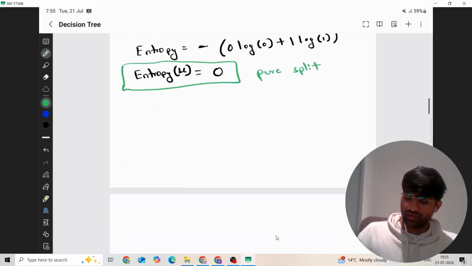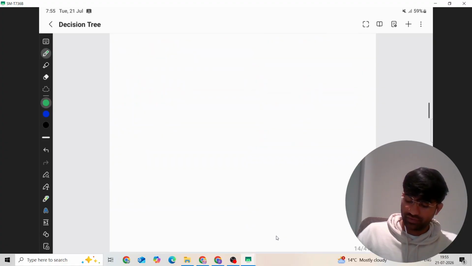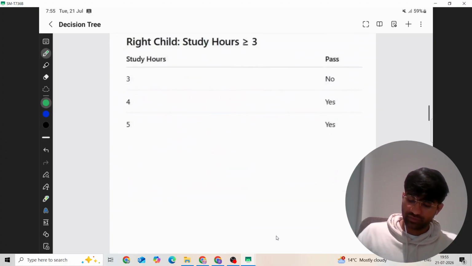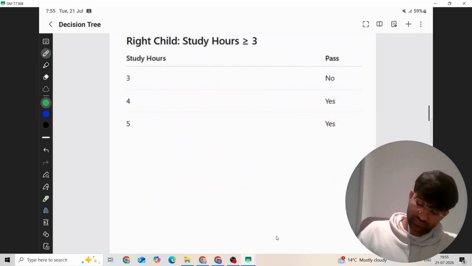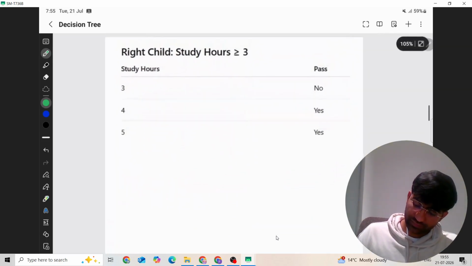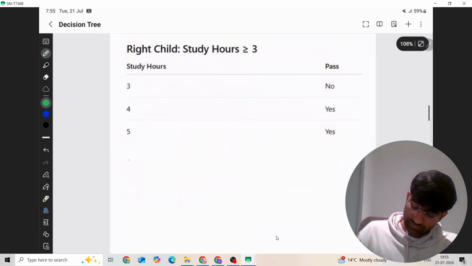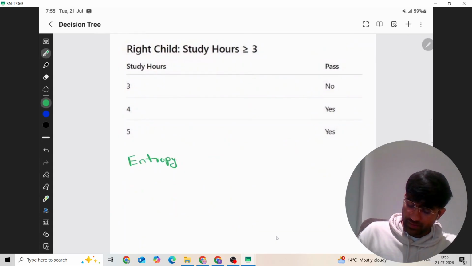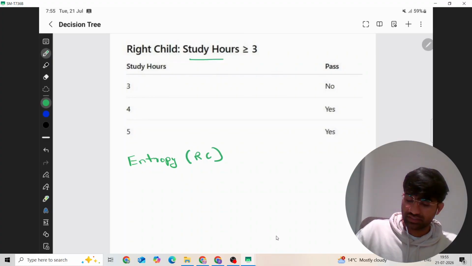Now we have to calculate the entropy of the right child, where study hours is greater than or equal to 3.